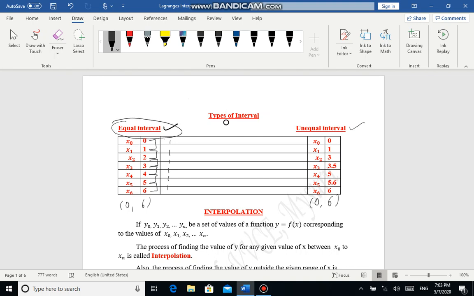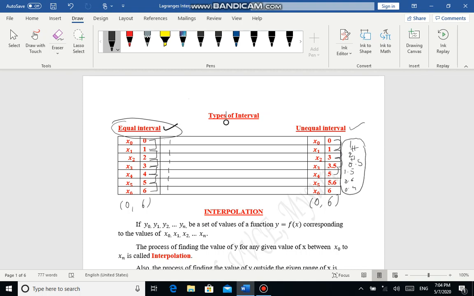And observe another example here. The difference between x1 and x0 is 1, but the difference between x2 and x1 is 2. These two are not equal. And next, x3 minus x2 is just 0.5, so again not equal. Here 1.5 and then 0.6 and then 0.4. So here the differences are not equal.